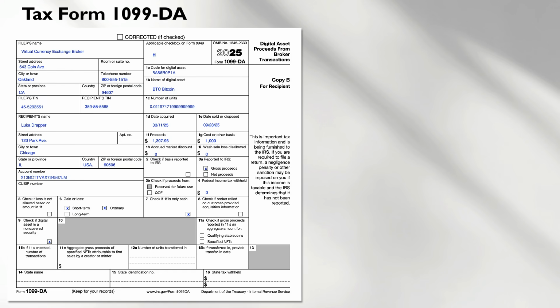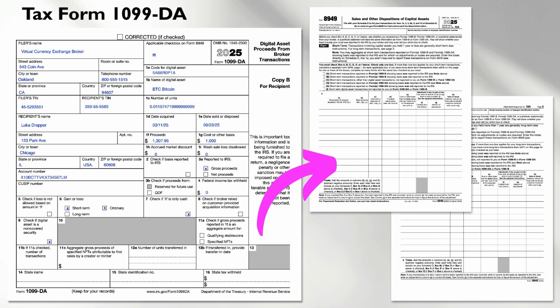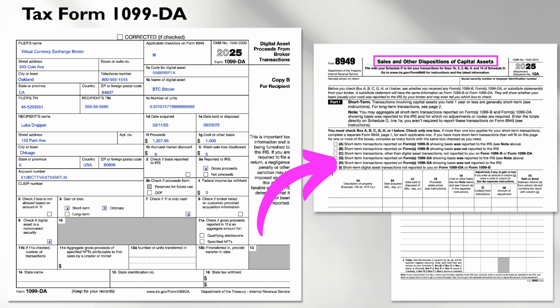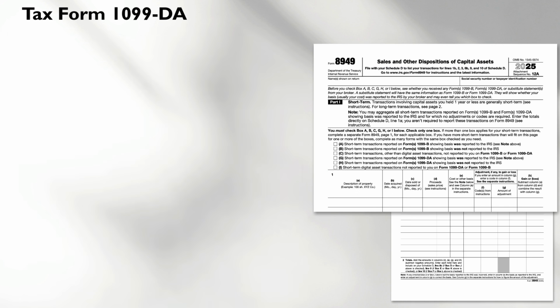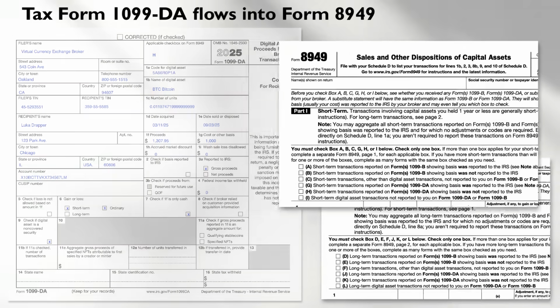The information from Form 1099-DA flows into Form 8949, which reports sales and other dispositions of capital assets, including stocks and crypto. Form 8949 has separate sections for short-term and long-term transactions and for transactions that were or were not reported to the IRS.